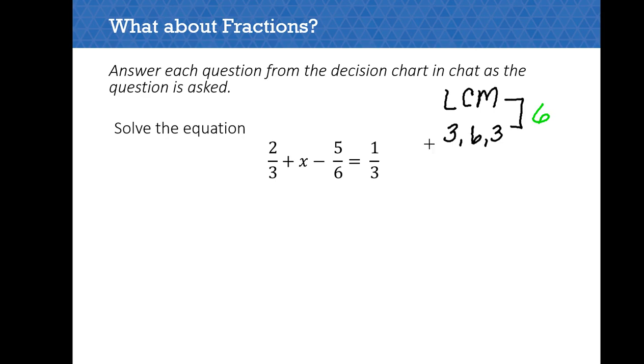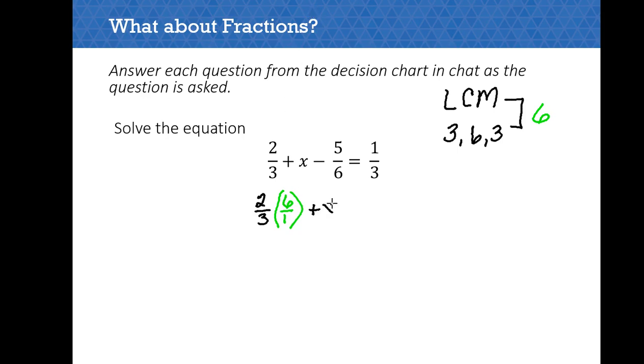Now, my decision chart tells me to multiply by the least common multiple. So I'm going to take my 6 and multiply it by each and every term in this equation. I have 2/3, and I need to multiply it by that least common multiple of 6. Because that's a fraction, I'm going to write the 6 as a fraction and put it over 1, so that I'm multiplying fraction by fraction.